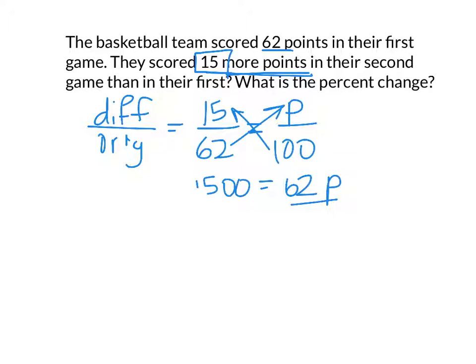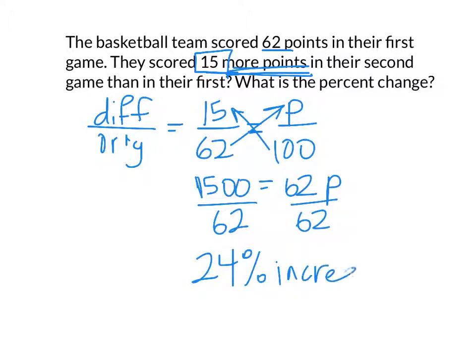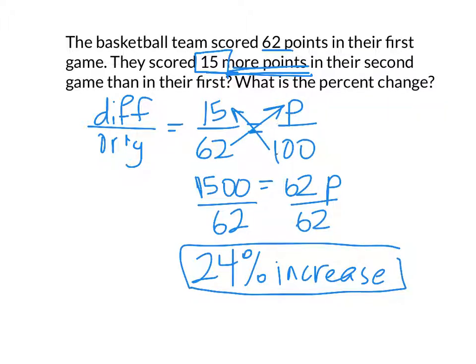And then divide both sides by 62. And that is 24.91, but I think your homework tells you to round to the nearest percent. So 24%, and that is an increase because they said more. And since we already multiplied by the 100 right here, we don't have to multiply by 100.